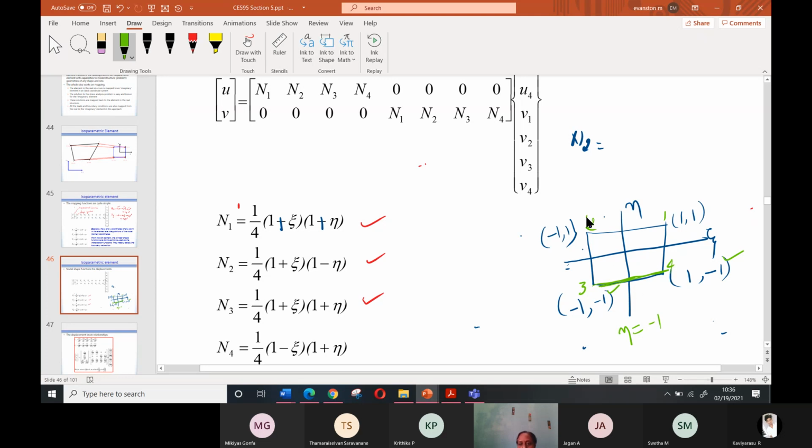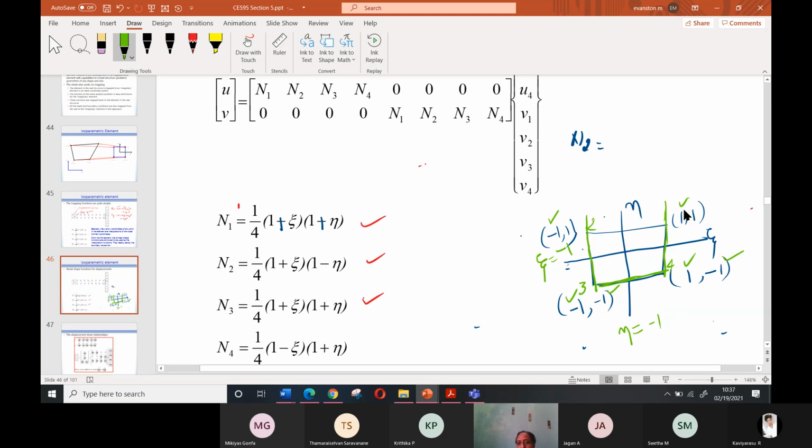If you take this line, which is common, you see here minus 1 and minus 1. The other quantity is 1 and minus 1. It's not common. So minus 1 and minus 1, which is minus 1? Xi is equal to minus 1 line. If you take this one, which is common, 1 and 1 is common.